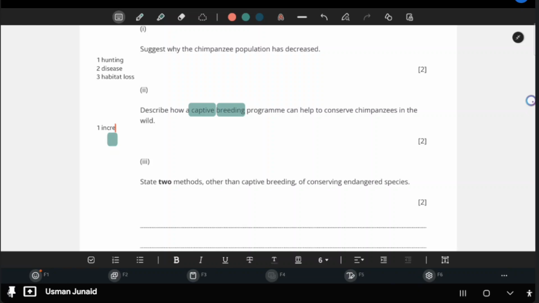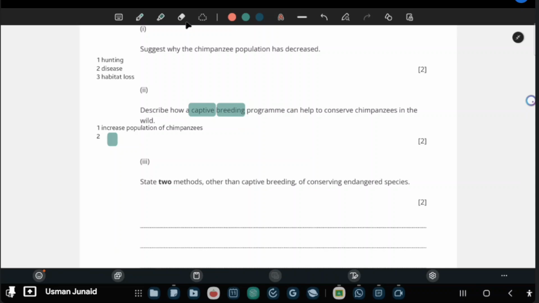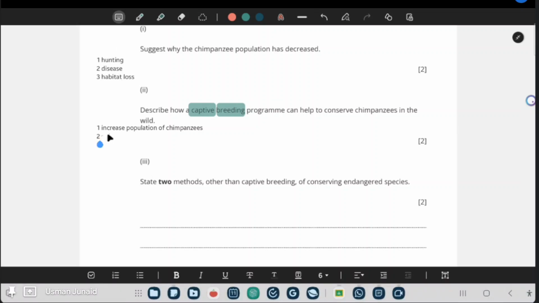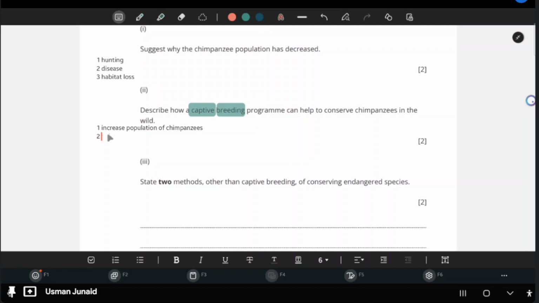Increased population of chimpanzee. What's the second thing? It minimizes the threats they face when it comes to habitat loss. Is it just habitat loss? And poaching.